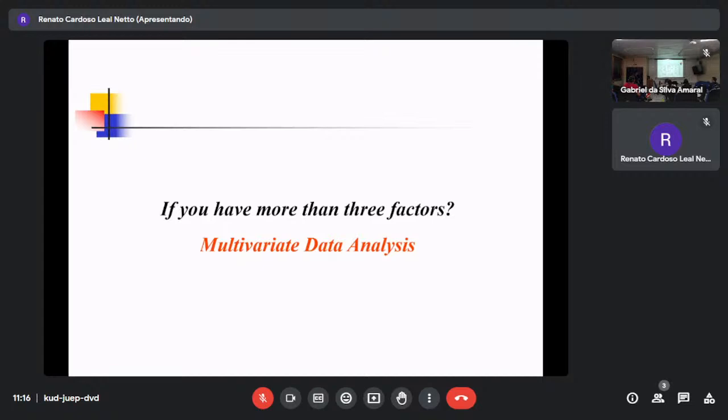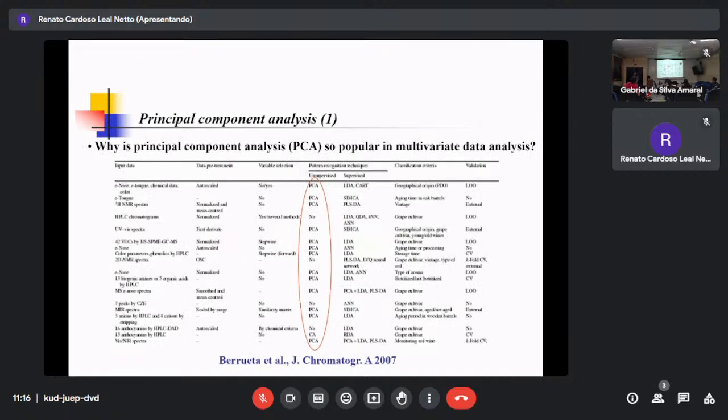Here, there are two kinds of multivariate data analysis: unsupervised method and supervised method. Unsupervised method means, now you have people here, all the chemicals here.